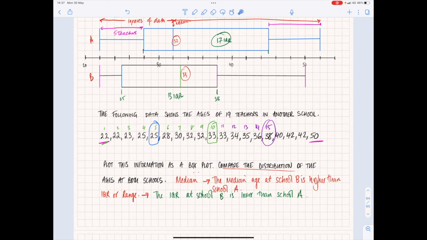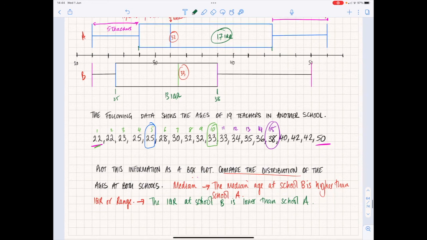The final thing you could compare is your overall range. If we look at school A, our lowest stage was 22, our highest stage was 52, so we can therefore say that our range is 30. And if we look at school B, our lowest stage was 22, our highest stage was 50, so the difference between 50 and 22 is a difference of 28.